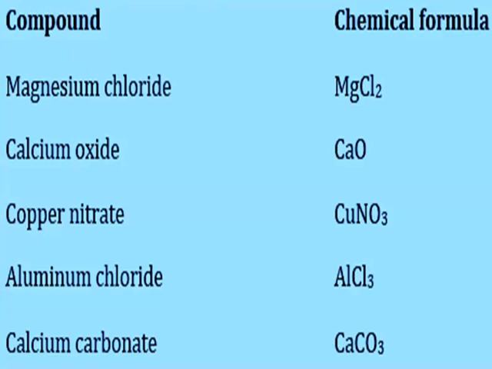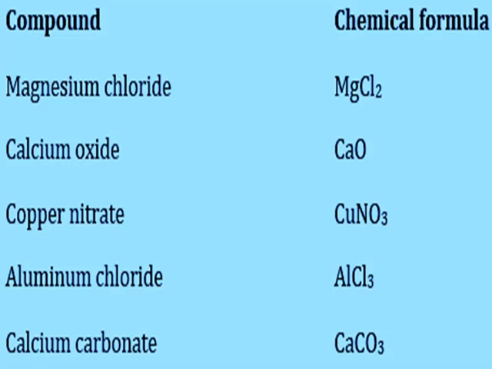Copper nitrate, CuNO3: one atom of copper, one atom of nitrogen, three atoms of oxygen chemically bonded to form copper nitrate. Aluminium chloride: an atom of aluminium and three atoms of chlorine combine chemically to form a molecule of aluminium chloride.